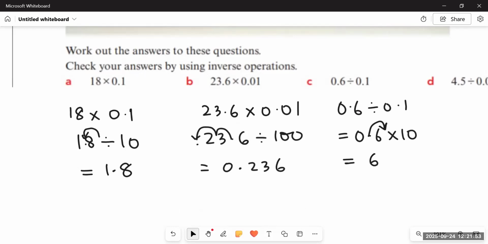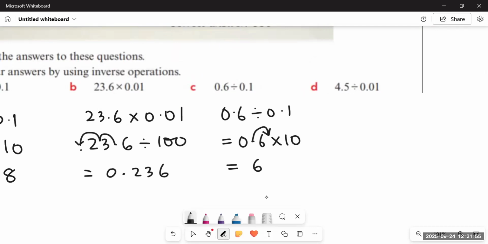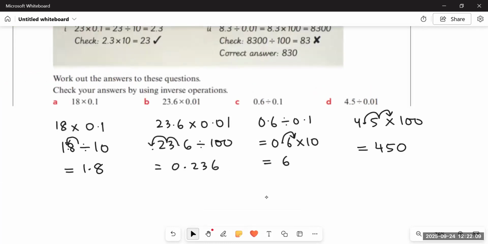And then we have 4.5 divided by 0.01. So it's 4.5 multiplied by 100. Now the decimal will move 2 places forward and it becomes 450. Now what do we have to do next? We have to check whether the answers we are getting are correct or not. So we will do the reverse operation. How?